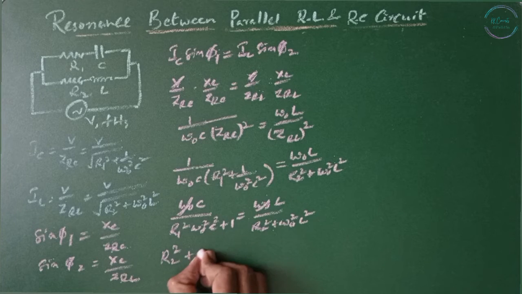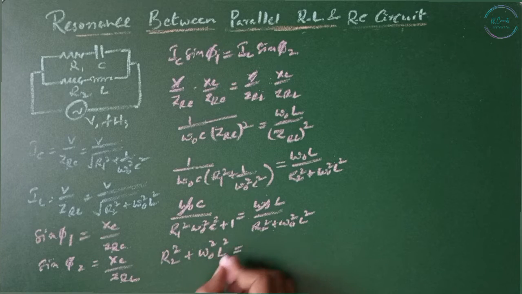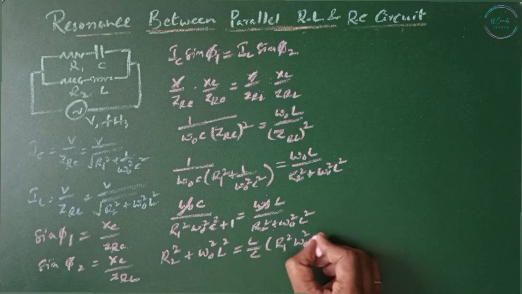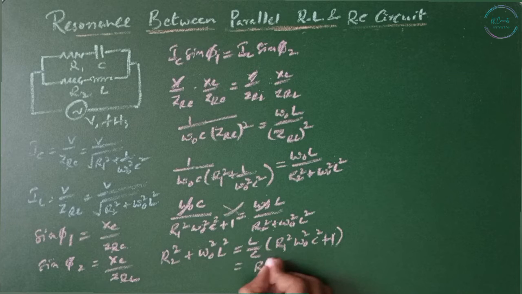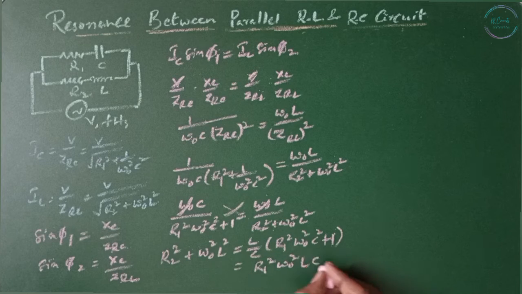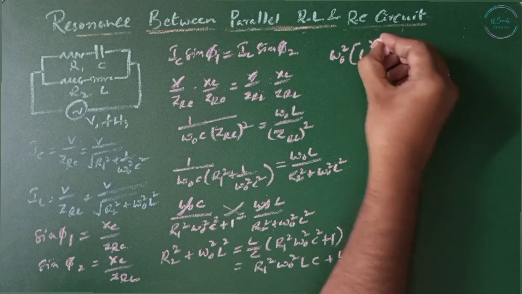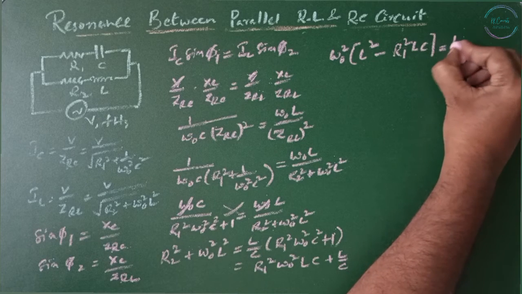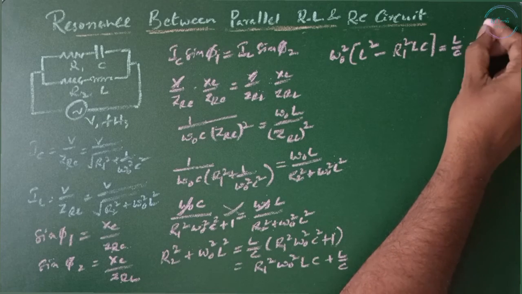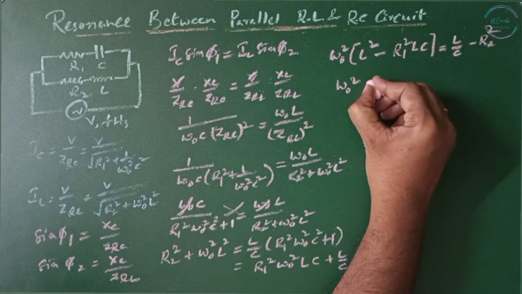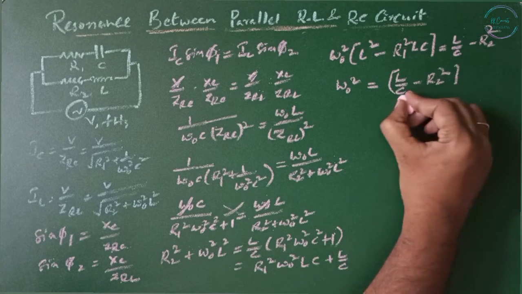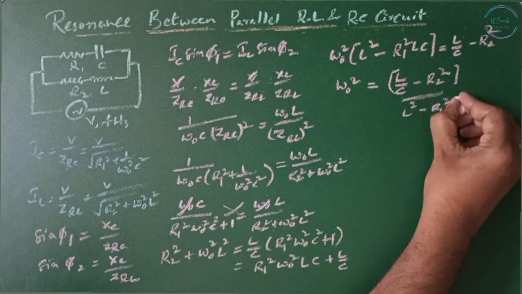R2 square plus omega naught square L square equals L by C of R1 square omega naught square C square plus 1, that is R1 square omega naught square L C plus L by C. Omega naught square L square minus R1 square LC equals L by C minus R2 square. Omega naught square equals L by C minus R2 square divided by L square minus R1 square LC.